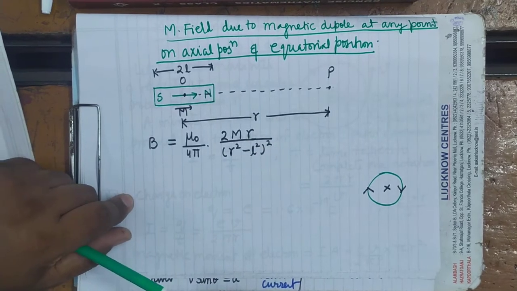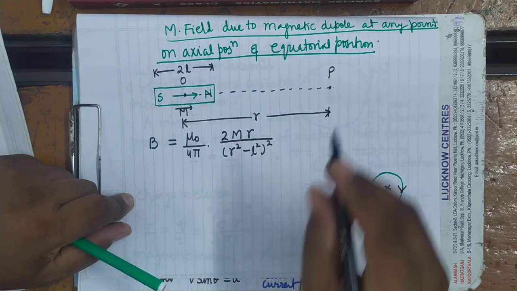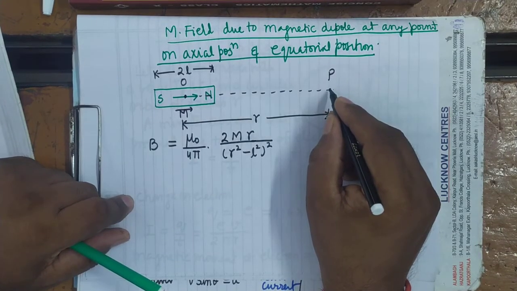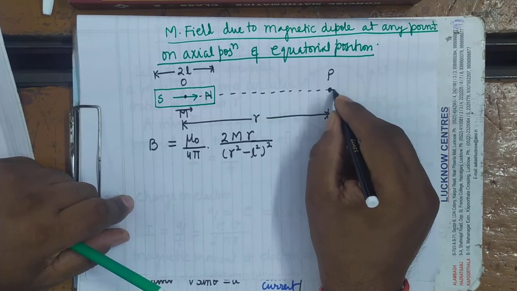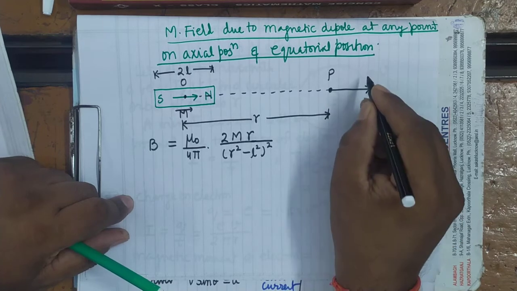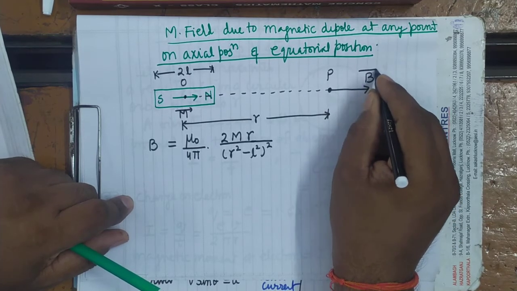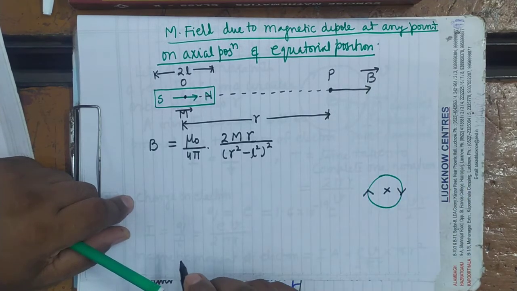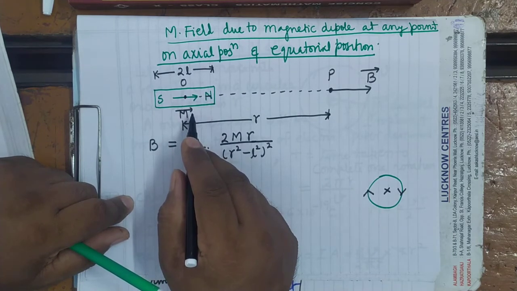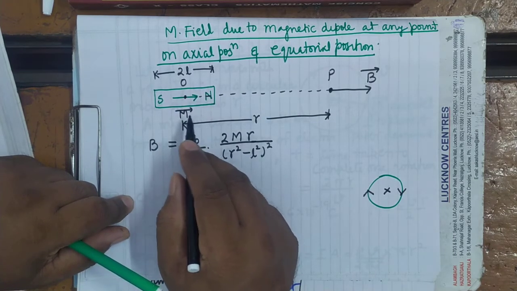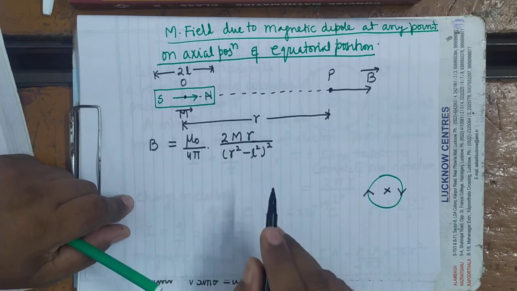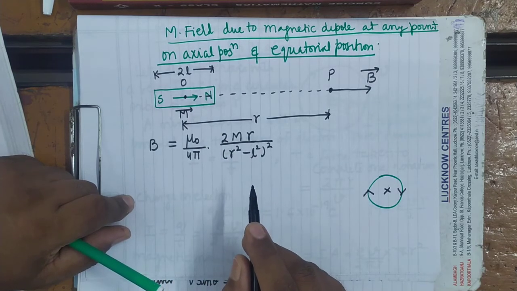It's clear. If you see here in vector form, what is the direction of the magnetic field? The direction of the magnetic field will be this, and this is the direction of the magnetic moment. Means magnetic field and magnetic moment are both in the same direction. It is clear.